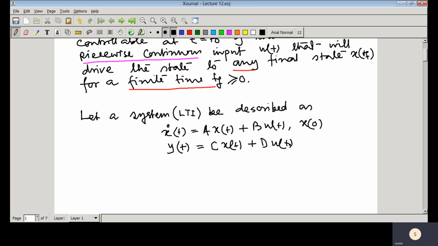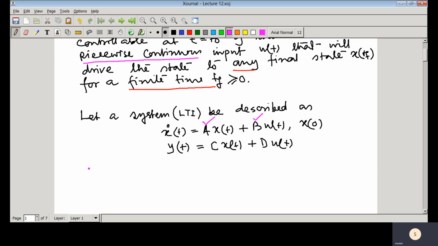In case of controllability, the output equation is not important. Basically the system equation is important, because the system matrix A and input matrix B will decide whether the system is controllable or not.